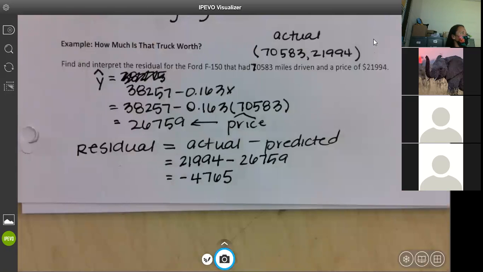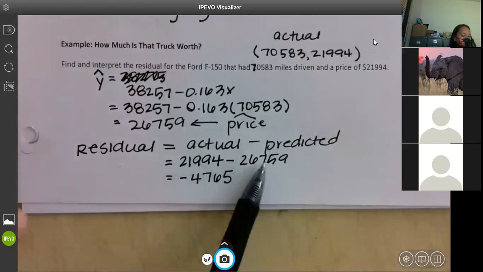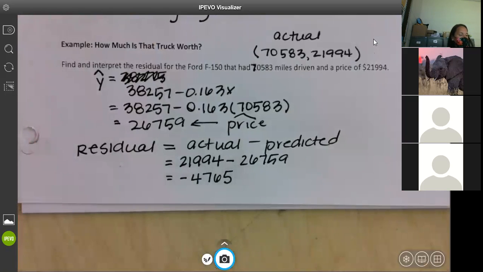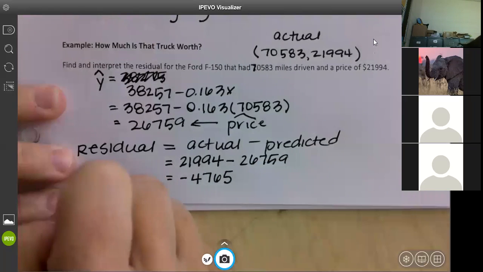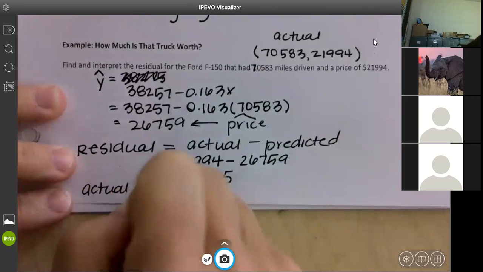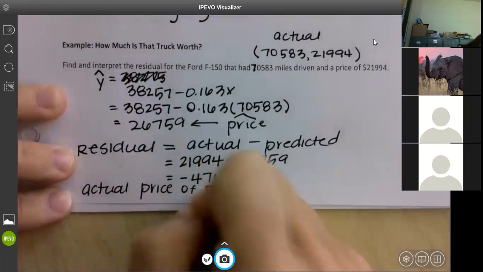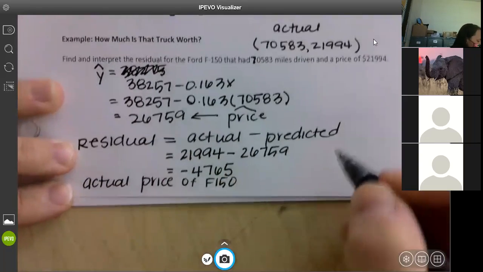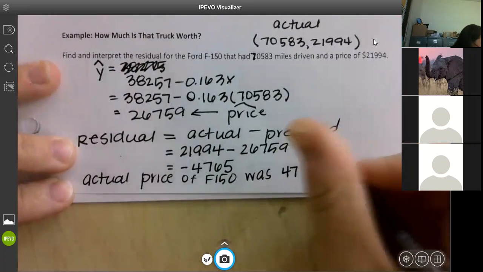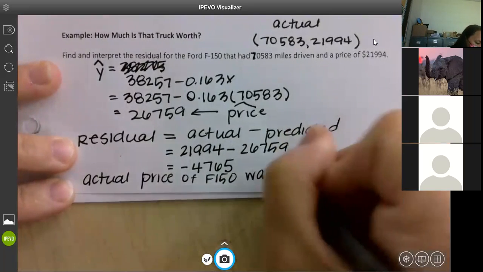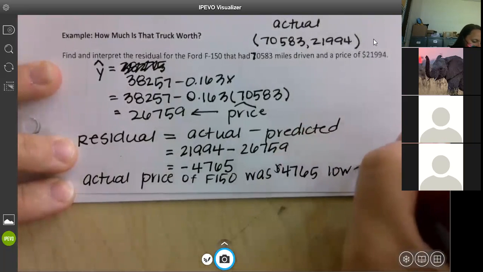What does it say to do? Interpret it. What happens when I have a negative 4,765? Guys, look right here. What do you know about the predicted versus the actual? The actual price was lower than the predicted. It was $4,765 lower. The actual price of the F-150 was $4,765 lower than predicted.